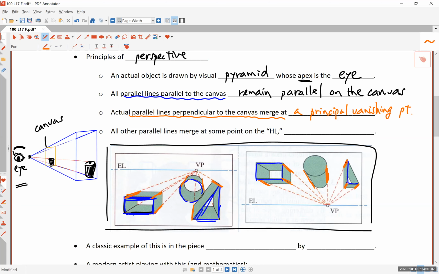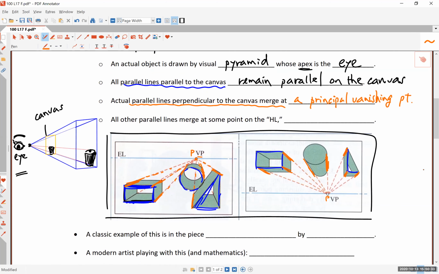And they will all meet at a principal vanishing point. And so there is your principal vanishing point. Sometimes it's called the VP for vanishing point. Sometimes people add P to represent the principal vanishing point, right? And so if you extend these lines here, all of these will meet at one particular point, and that is called the principal vanishing point.